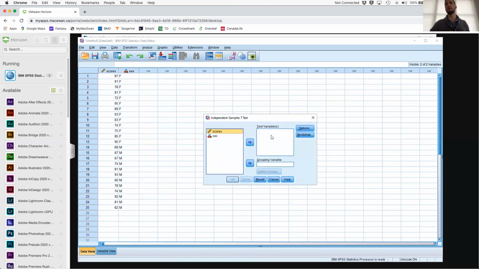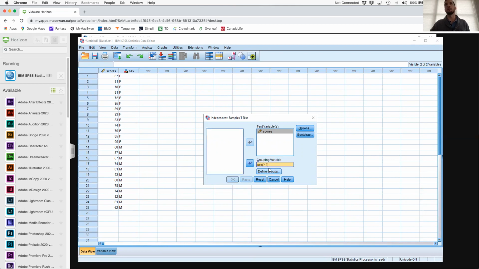Our test variable is going to be the quantitative variable that we are measuring, in this case, scores. And the grouping variable is going to be the variable that differentiates between each of the samples or populations of interest.